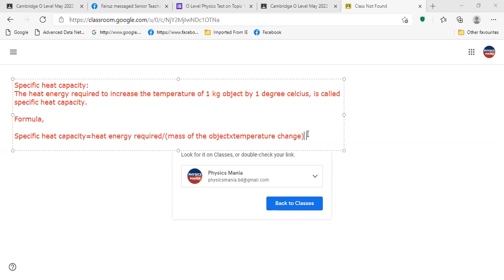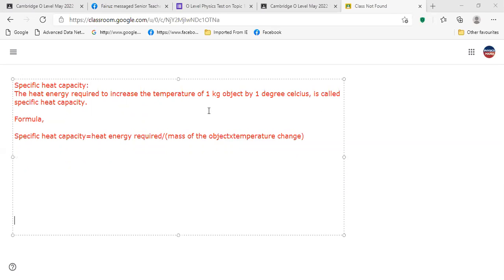And in symbolic form we will also write. Previously, for heat capacity we used capital C. For specific heat capacity, as we are dividing by mass and getting only a 1 kg object, it will be small c.